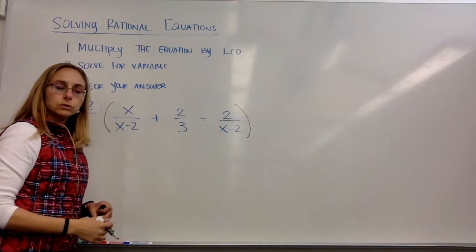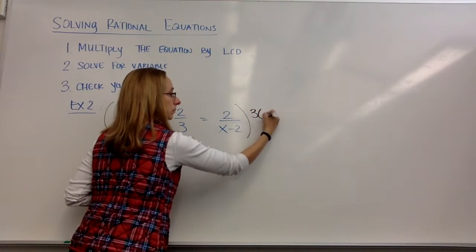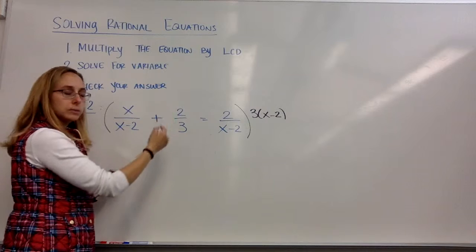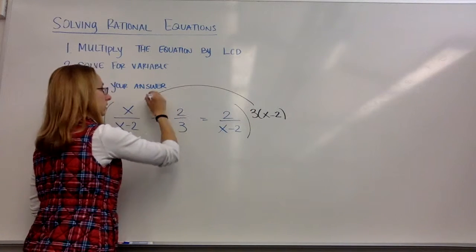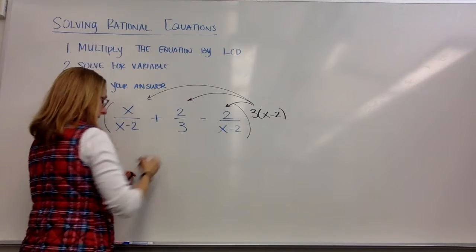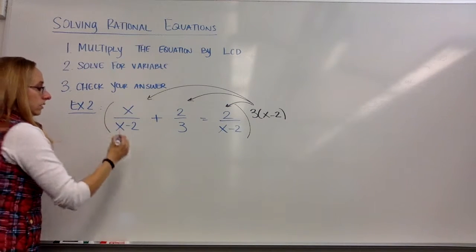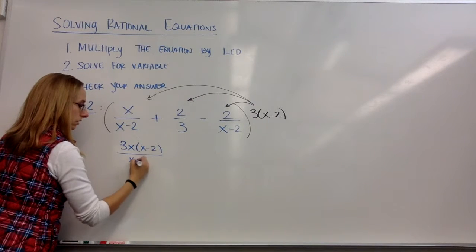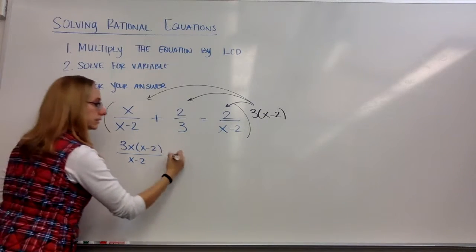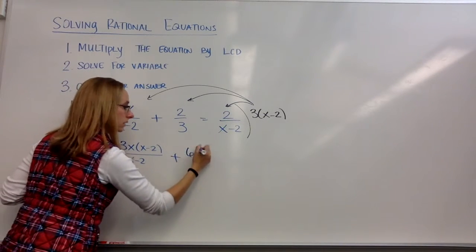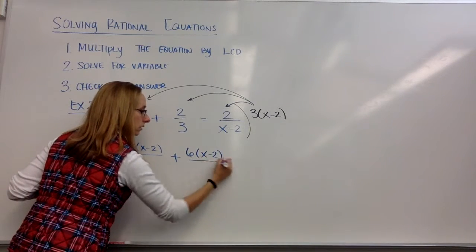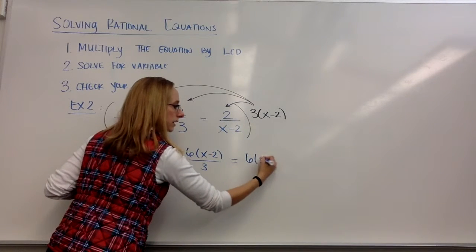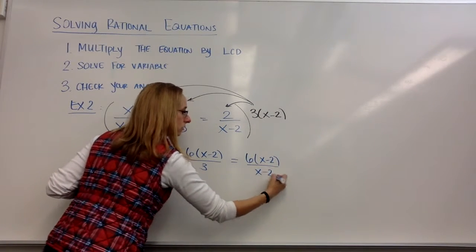And again, the whole point is to eliminate the fractions. So we take our least common denominator and distribute it to every term in our equation. 3 times x minus 2 times x, all over x minus 2, plus 2 times 3 is 6 times x minus 2 over 3, is equal to 6 times x minus 2 over x minus 2.